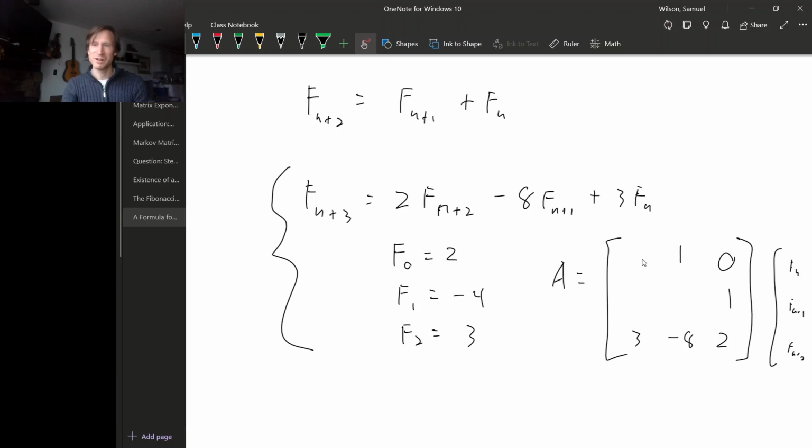Zeros everywhere else. So to do the exact same trick to get a nice formula for the nth term of this sequence that I just made up, we would just diagonalize this matrix and then do all the same algebra that we did for the Fibonacci sequence.